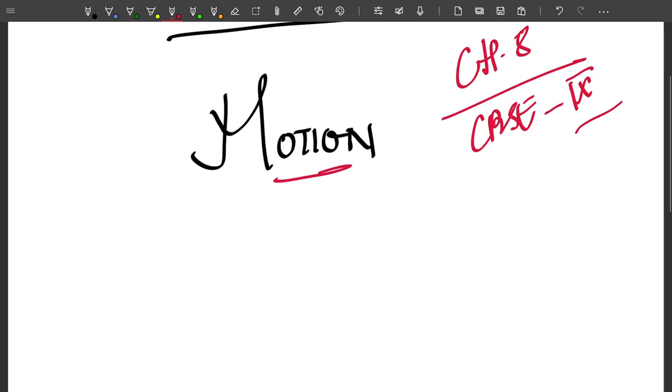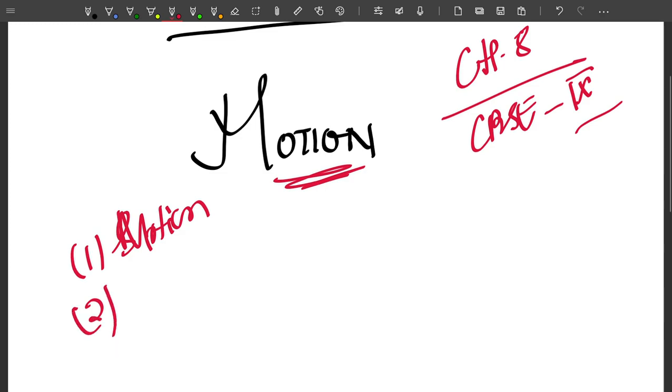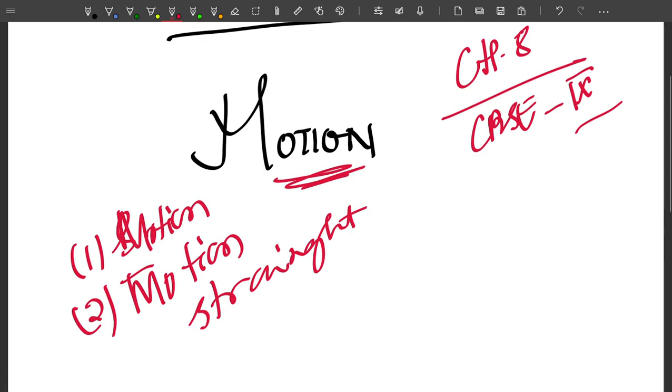Starting with motion, let me summarize what we will be studying. First, we will study what motion actually is. Second, we will study motion on different paths, like motion in a straight line and motion in a circular way.